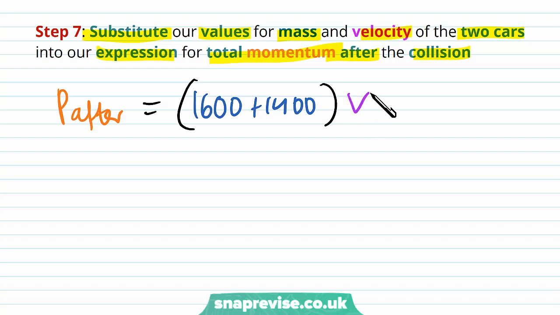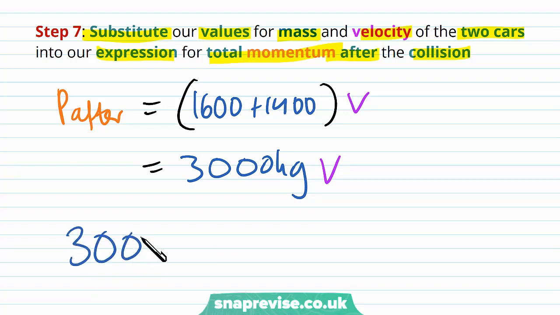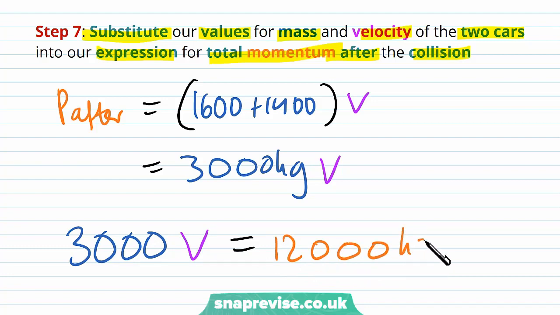So we end up with 3000 kilograms multiplied by v. And we've said that the momentum before the collision is equal to the momentum after. So the momentum after the collision is 3000 v, and this is equal to the momentum before, which we found was 12,000 kilograms meters per second.